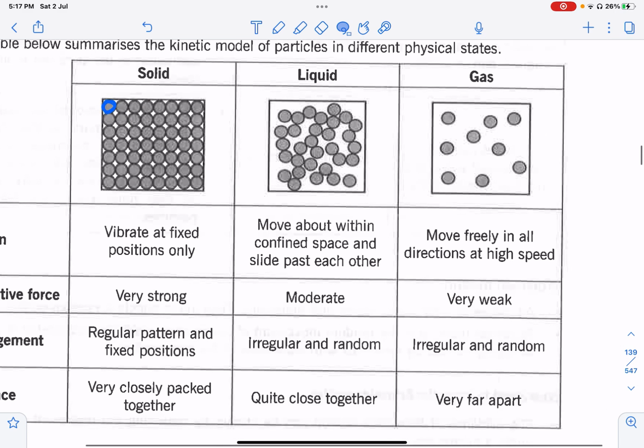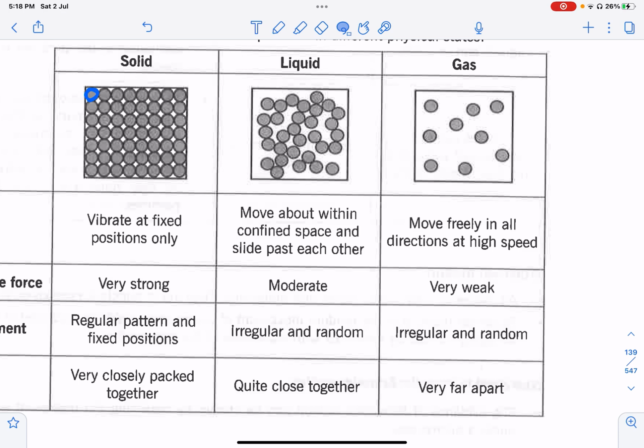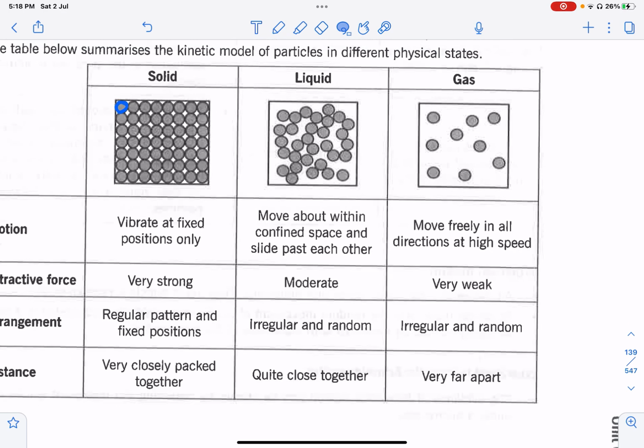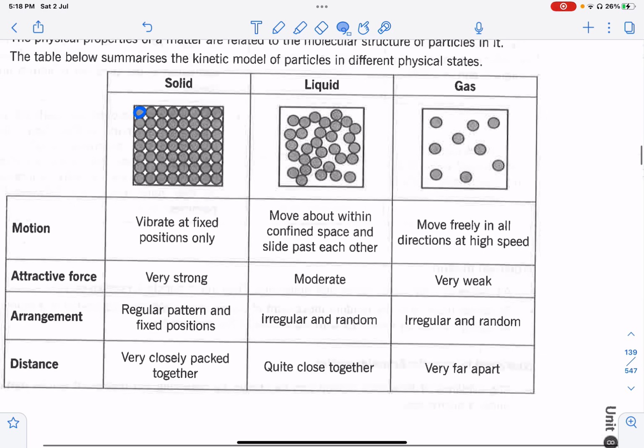Whereas if you look at the liquid, the liquid is a bit more fluid. In terms of motion, the particles slide past each other quite easily, meaning they can move left, right, up, down, and so on. The force of attraction still exists, but in a more moderate amount.